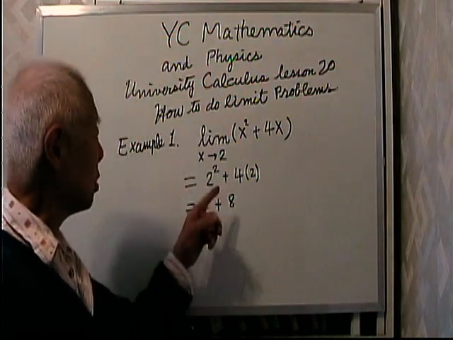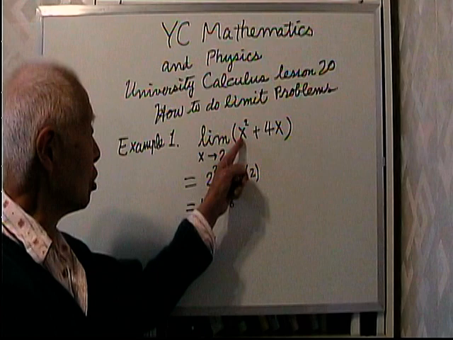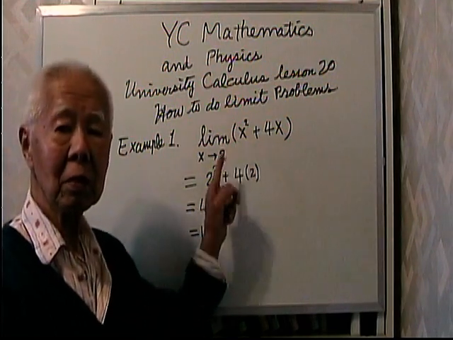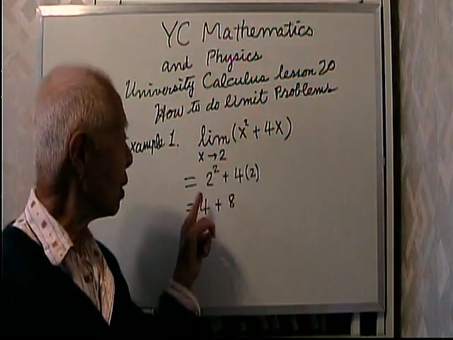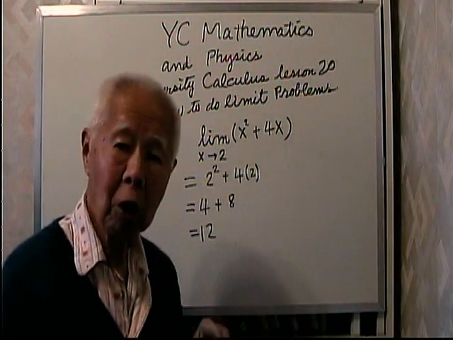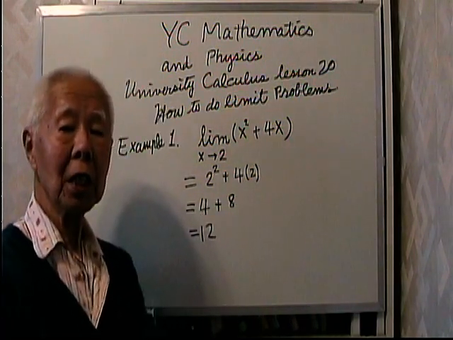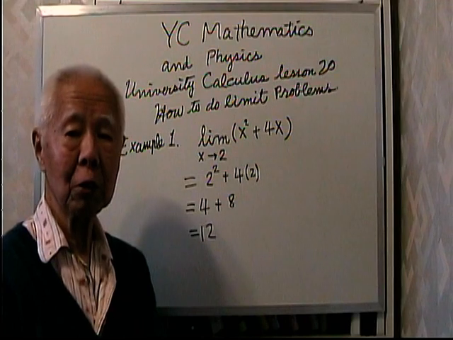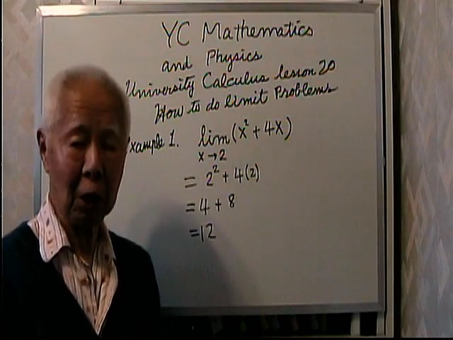You substitute 2 into x, and you get 4 plus 8, and of course it is 12. So 12 is our result.